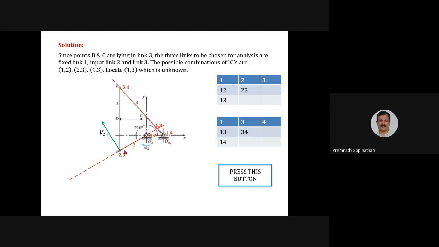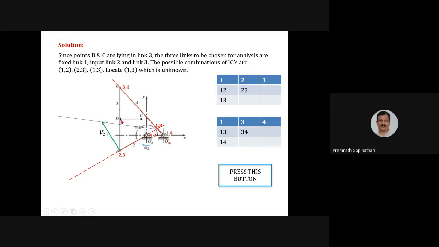So here I am connecting a line from 1 3 to the tip of the velocity vector 2 3 in order to identify the locus of the tip of the velocity vectors of all points lying on link 3. Now I got the locus of the tip of velocity vectors of all points lying on link 3.